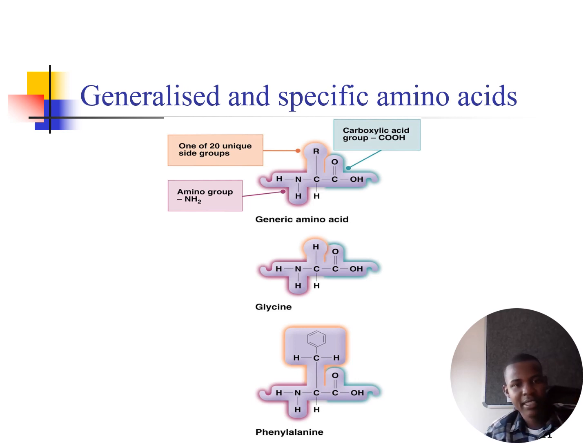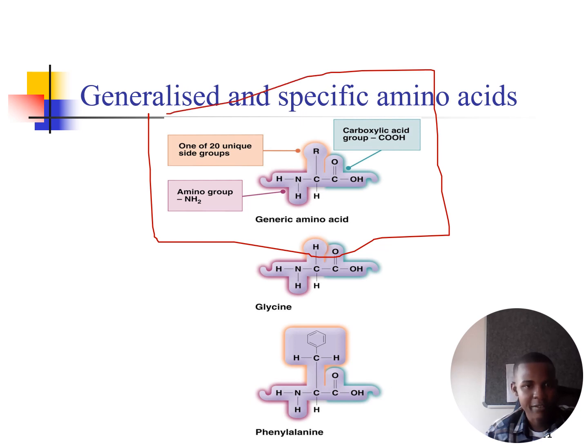So let us look at an example of some specific amino acids, and you need to be able to name them. This is a generic amino acid. It should have one of the 20 unique side groups, an amino group, an H, a central carbon, and also a carboxylic group.